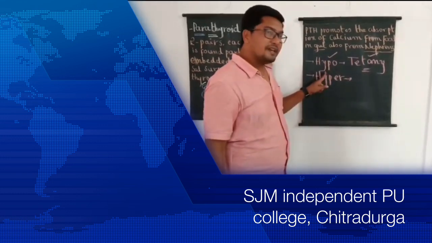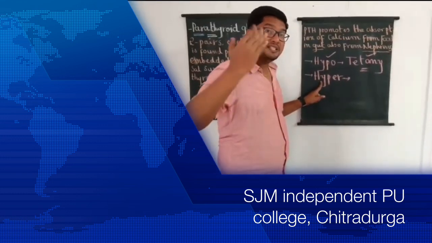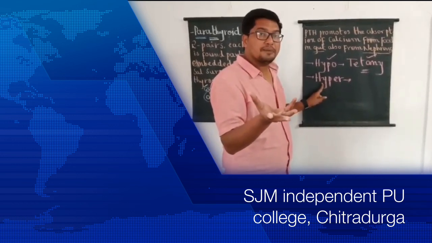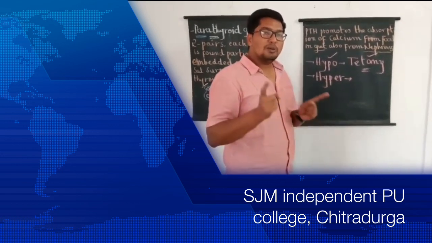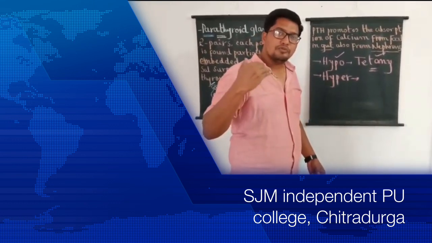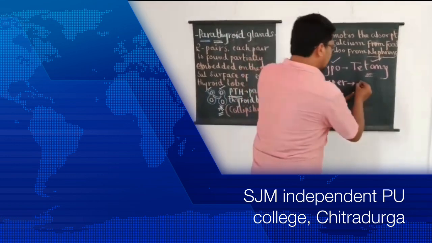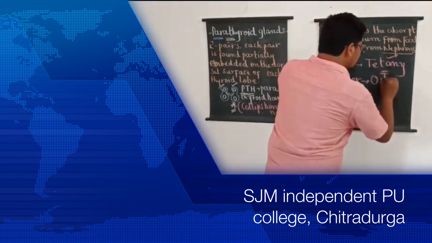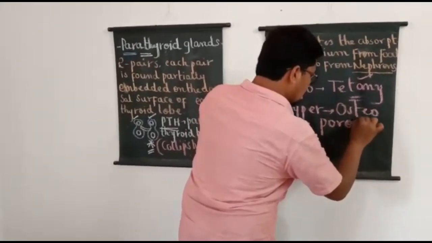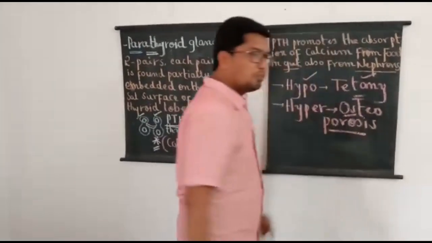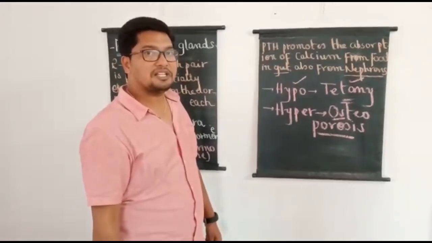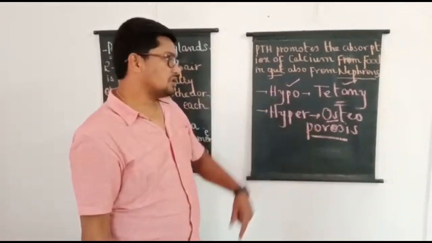So in the ECF and blood calcium levels increase, but in the bone tissue matrix what happens? Calcium level decreases. Now the bones become very soft and sensitive to fractures, and this condition is called osteoporosis. So the condition of soft bones due to decreased calcium levels is called osteoporosis.